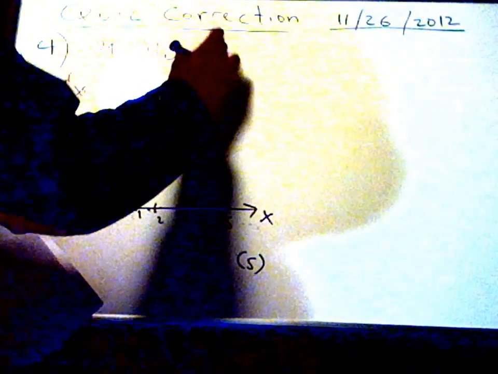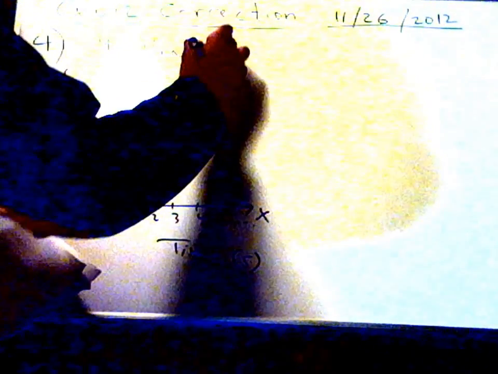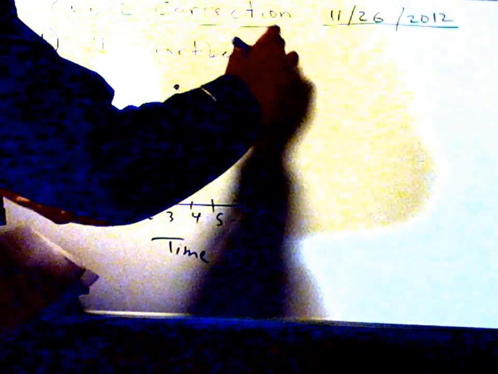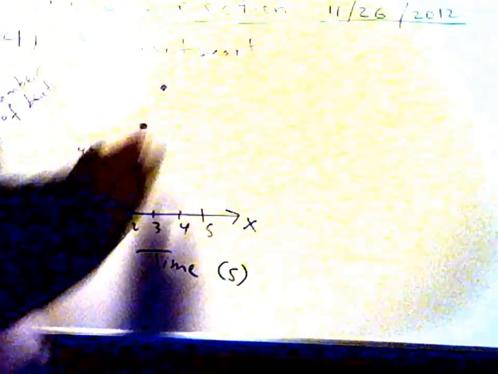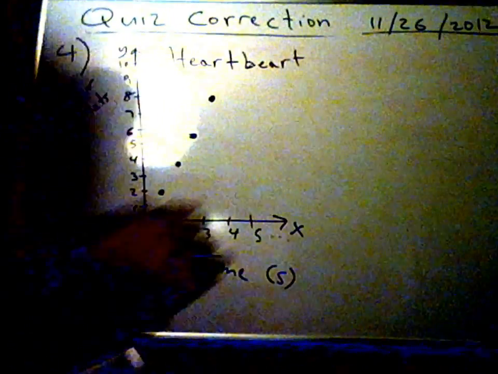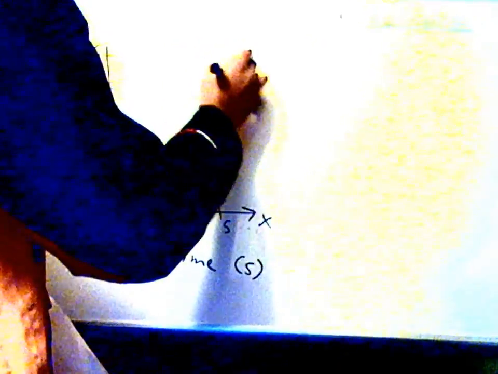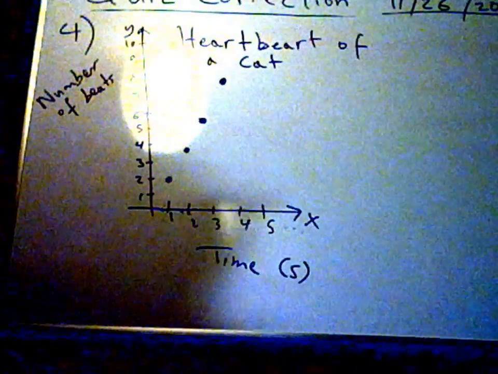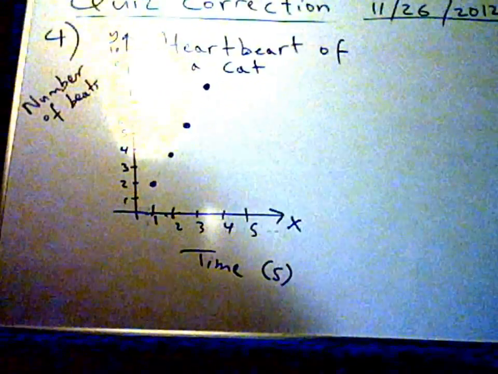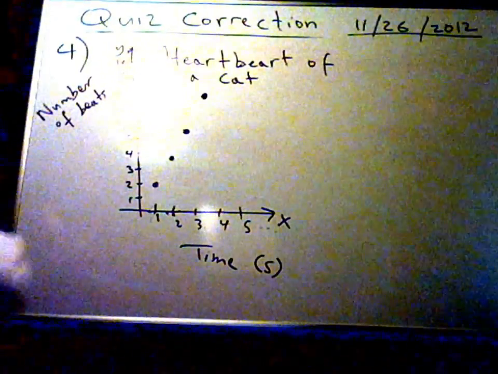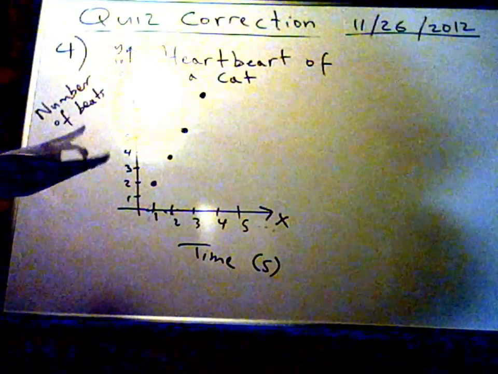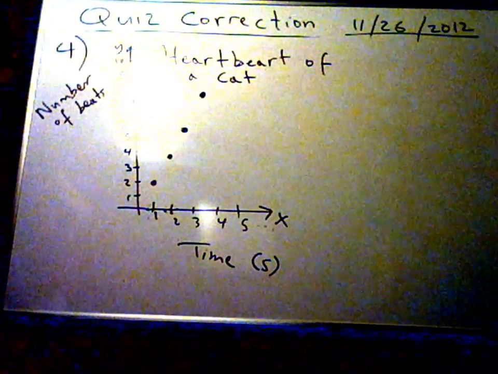This should be familiar to you. We did a heartbeat assignment. Heartbeat of a cat. And the question that you are asked here is, which point represents the unit rate?